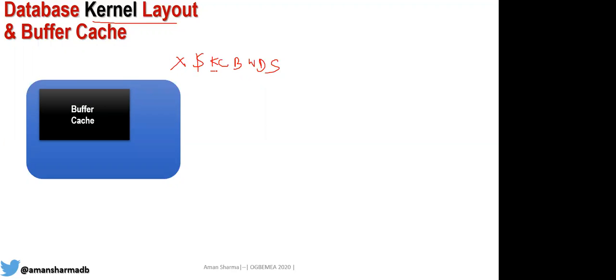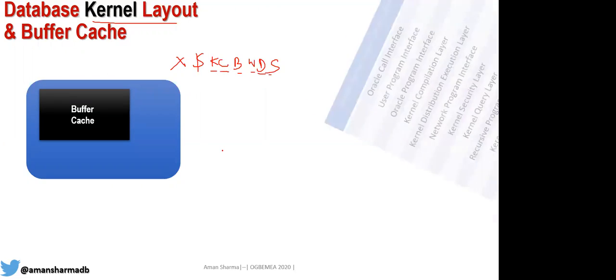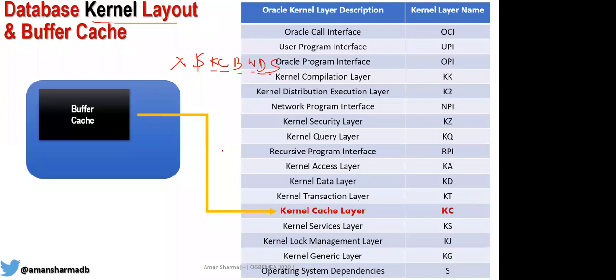So this K obviously stands for kernel, this C stands for cache, this B stands for buffer, WDS we are going to talk about. And how do we actually know this thing? Well, these layers are basically going to be available here. So you can actually notice that I have put up the kernel cache layer, which is actually the KC layer. And this KC layer is actually the layer which basically controls this particular buffer cache.